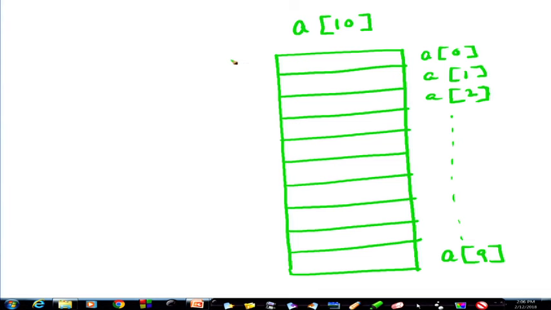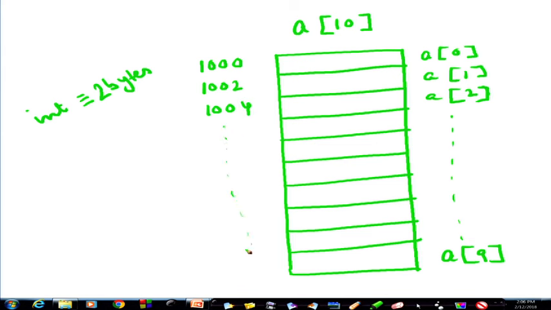Therefore, it is sufficient to know the address of the starting location. Suppose this is 1000. If this is 1000 and if it be an integer, and I assume that an integer takes 2 bytes, say 16 bits, then this will be 1002, this will be 1004, etc. I can compute any particular address of this.